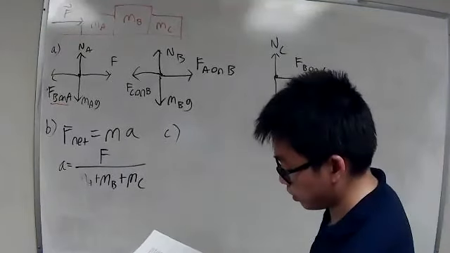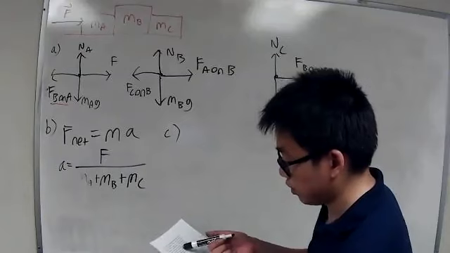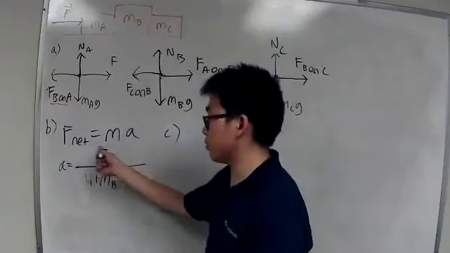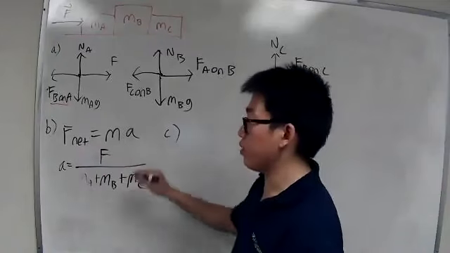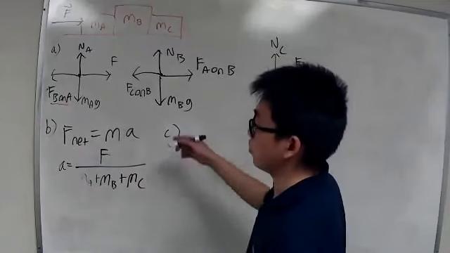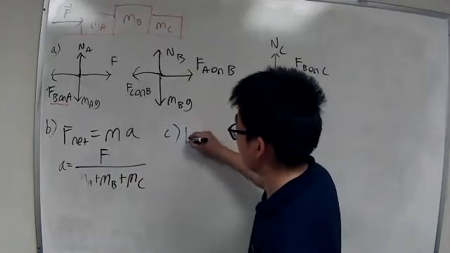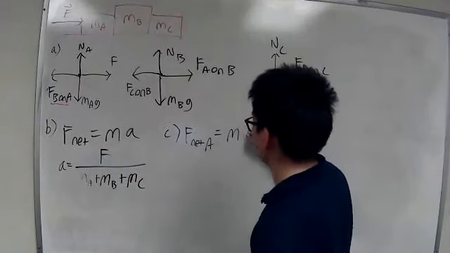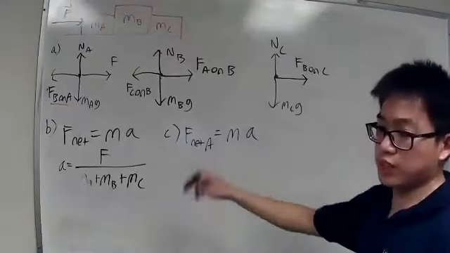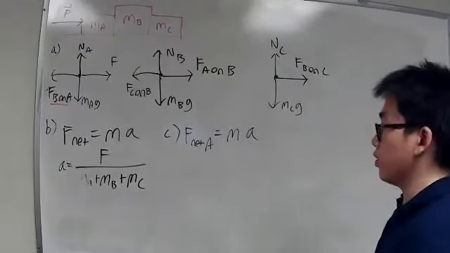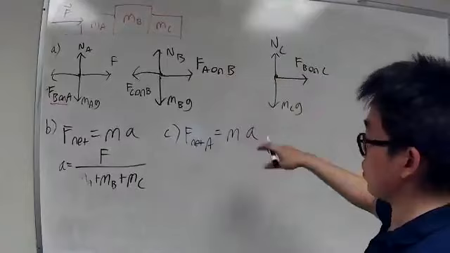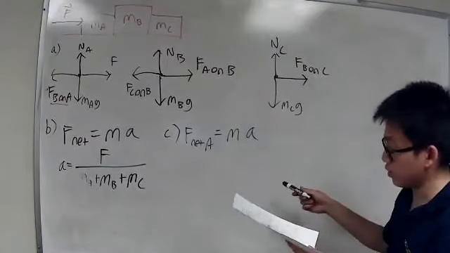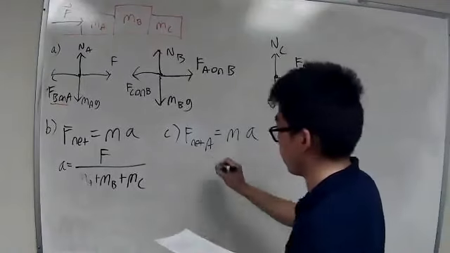All right. When you see net force in each block, you should be thinking of this. Well, this was for the whole system. I can write the same equation, but just for block A. So I can say F net for A equals MA, right? It's the same statement. I'm just saying block A experiences a force equal to MA. That's what they want, to solve for what this net force is.